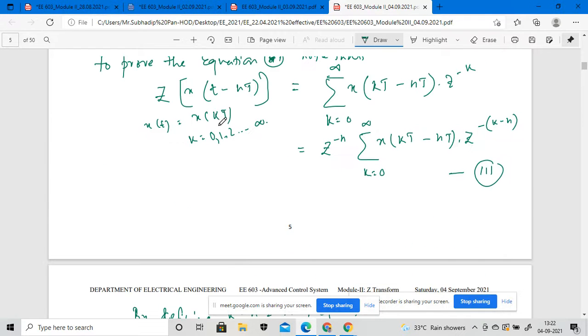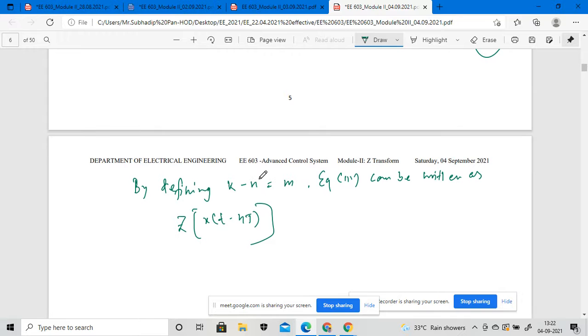That means this side part will be the same, that is equal to z to the power minus n, summation of, tell me what will it be?